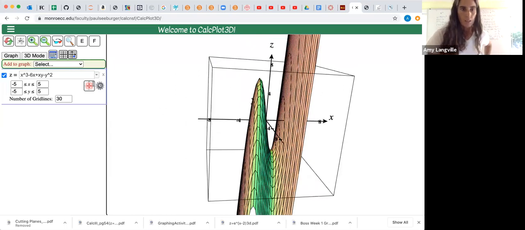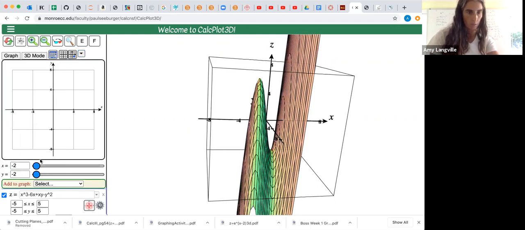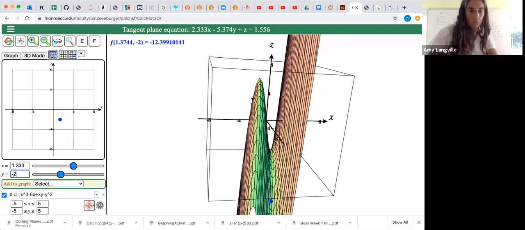And then you could show the tangent plane at a particular point. Let's pick a point we can enter in. We said the critical point was at positive 4/3 for x and positive 2/3 for y. And so there it is.